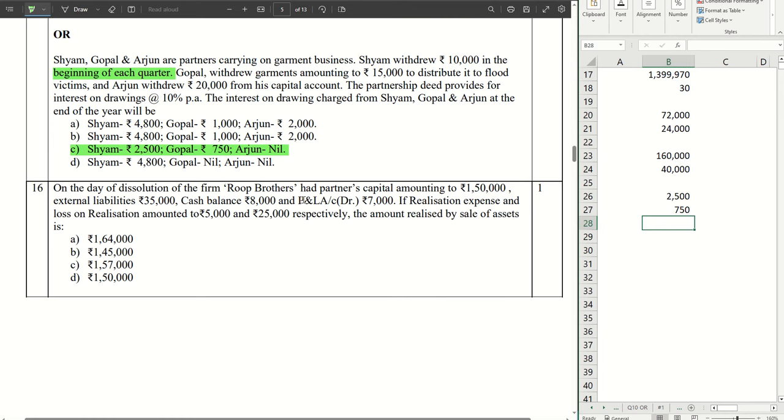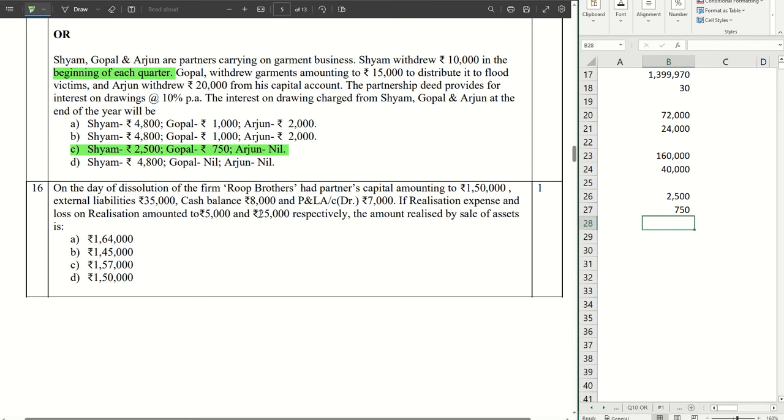Now come to the realization account. 1 lakh 70,000 on the debit side, then realization expenses 5,000 also debited, right? The external liabilities which are paid off, so 35,000 comes both on the debit and the credit side, that gets nullified. So 1 lakh 70,000 plus 5,000 is 1 lakh 75,000.